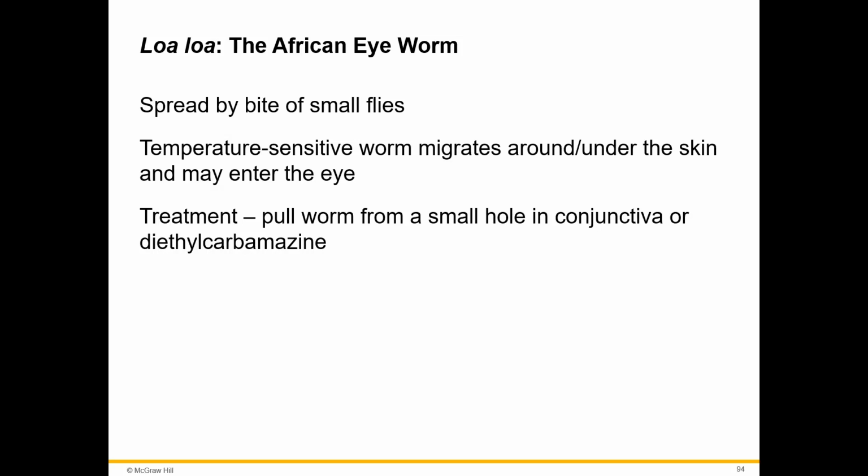So it's going to stay under the skin, usually under the eye, or once it enters the eye, that's what we see. And we've got a treatment for this, so you can get the worm pulled out, or you can take diethylcarbamazine.